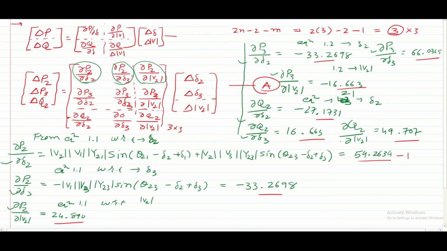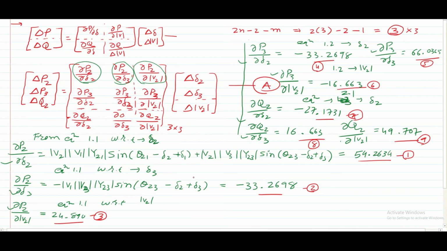We'll write the number if you wish. 1 2 3 4 5 6 7 8 and 9. Total 9 elements we have calculated.